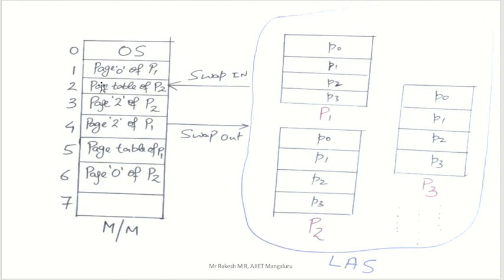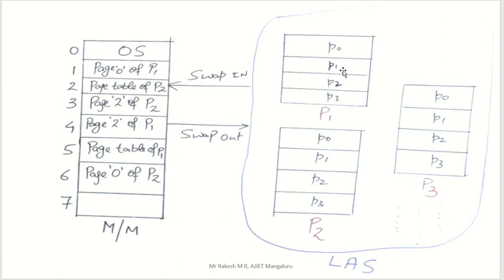Then the page table of P2. You know, each process has one page table, which we already saw in the previous module. We are going to save that also in the main memory itself.